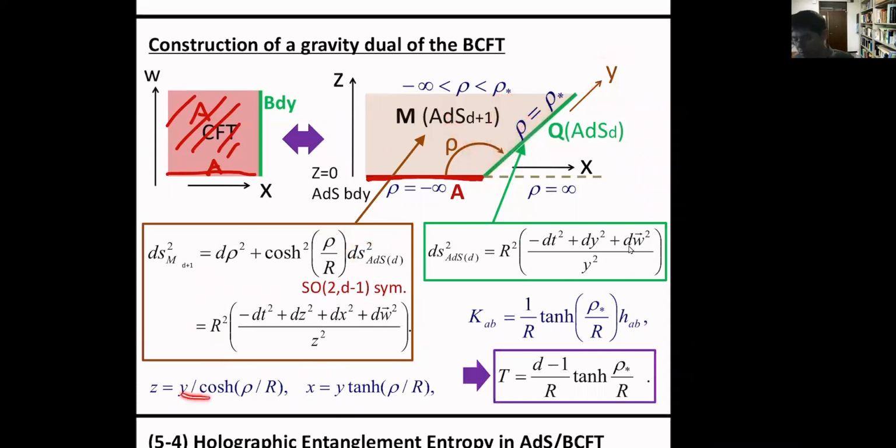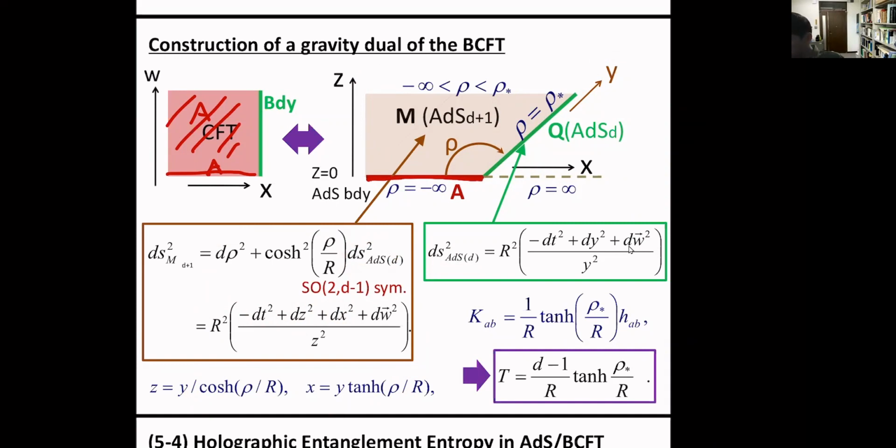And y and rho are related to z and x of this Poincare coordinate by this formula. This is a very famous formula. Okay, and so this part is given by this metric. And that way we find a concrete description.